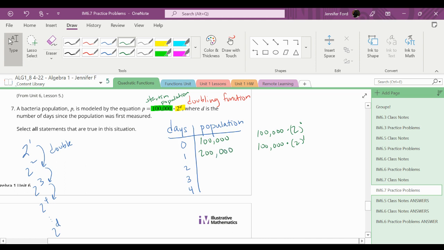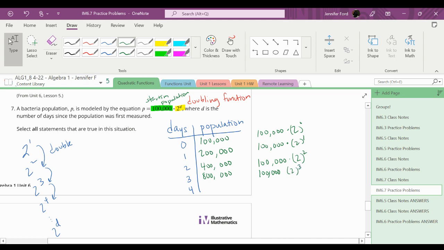Then I'm going to double it again: 100,000 times 2 to the second power, so it's 100,000 times 4, which is 400,000. I'll double it again, 800,000, because that's 100,000 times 2 to the third power.